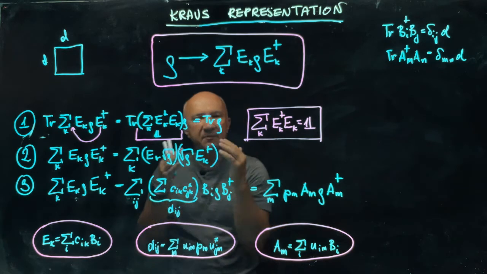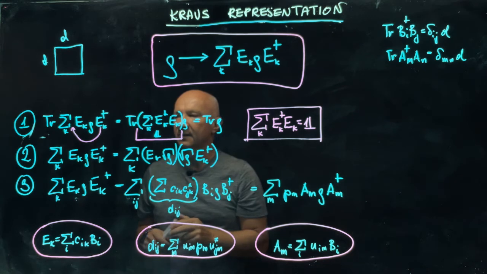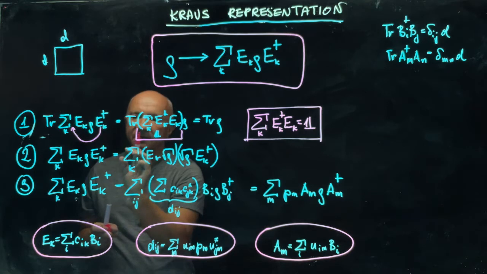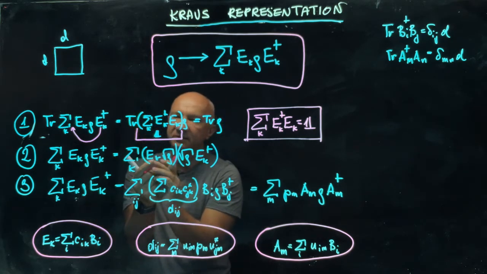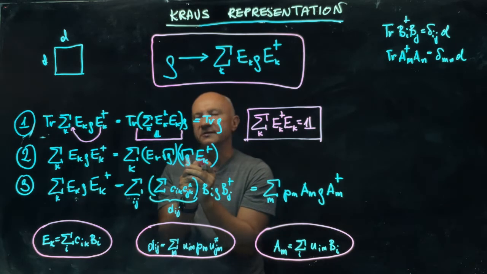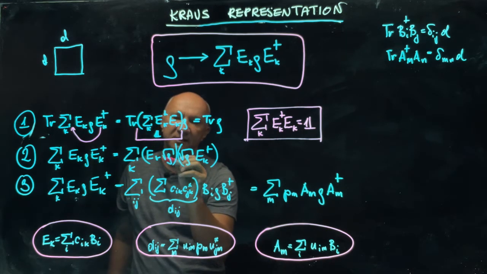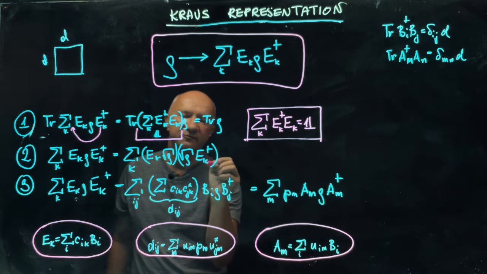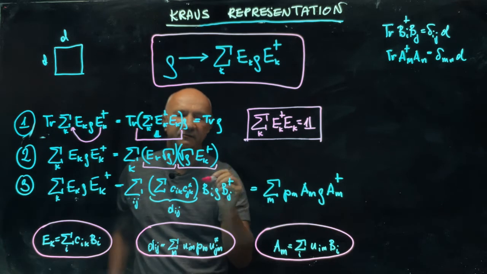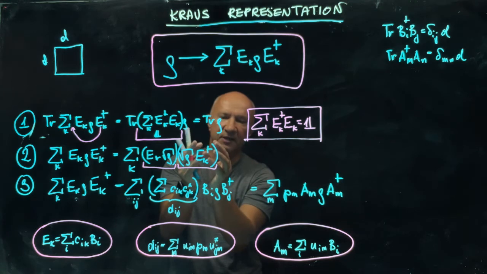Now, this map also preserves positivity. If your operator rho is positive, then if you look at this expression here, the positive rho can be written as a square. So you can take the square root of rho, right? Because it's a positive operator. Therefore, you can write this expression as E_k square root of rho times its conjugate, E_k dagger. But then you can see that this is in fact a product of a matrix with the Hermitian conjugate of the same matrix.